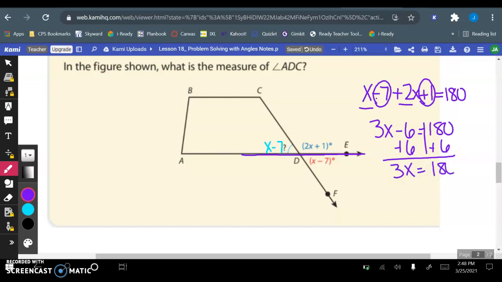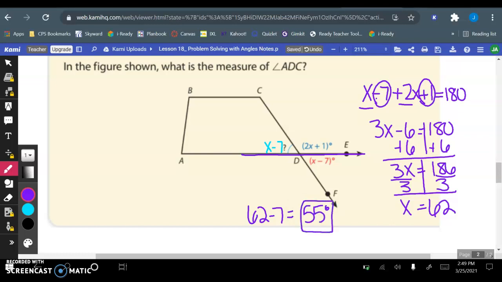That's 186. Then I'm going to divide by 3. 186 divided by 3 is 62. So x is 62. That's not our answer. Our answer is x minus 7. So now I have to do 62 minus 7, which is 55. So the measure of that angle is 55 degrees.